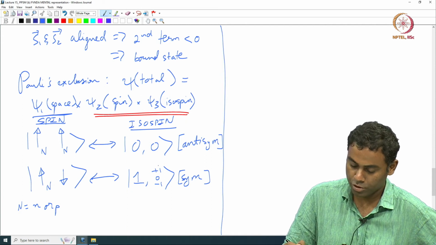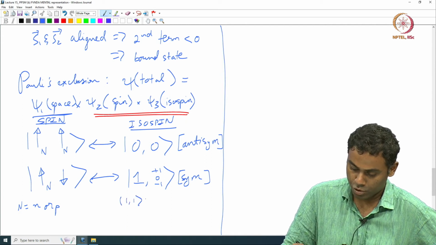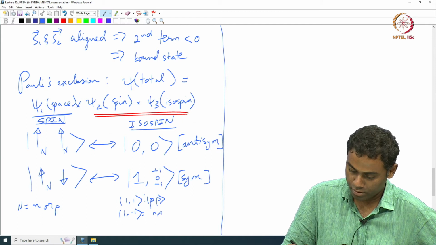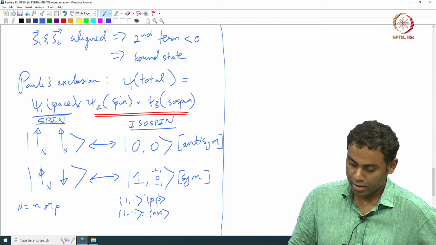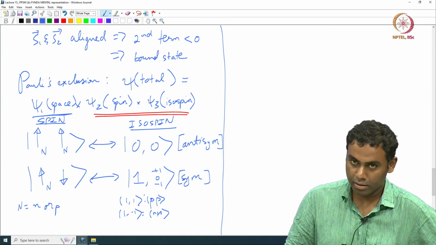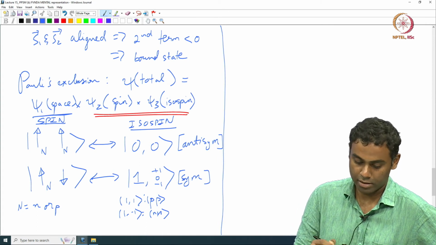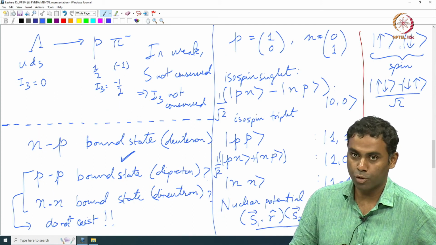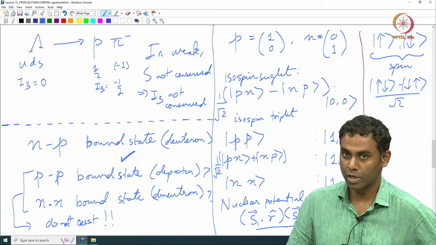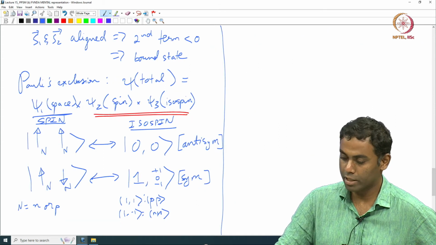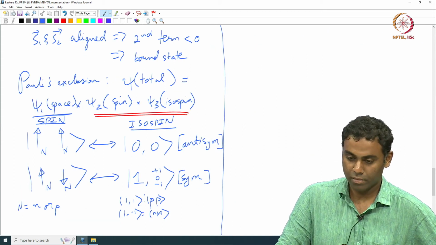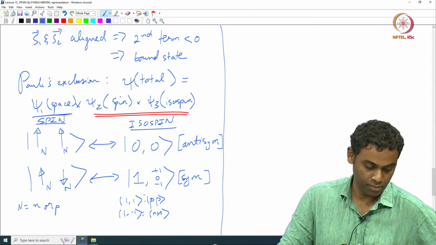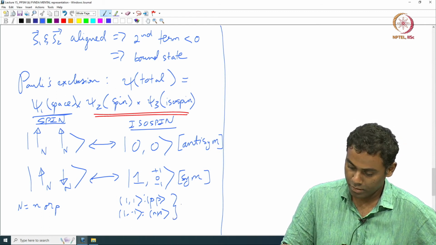The 1 1 corresponds to proton proton, and the 1 minus 1 corresponds to neutron neutron, and that necessarily means their actual spins are anti-aligned, and if they are anti-aligned, then in the nuclear potential they contribute a positive term and you are not going to get a bound state. Good, clear? No bound state.